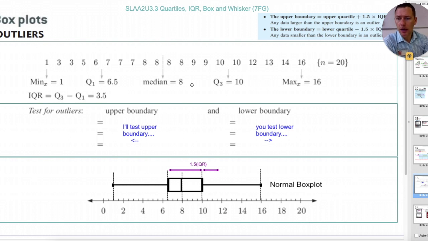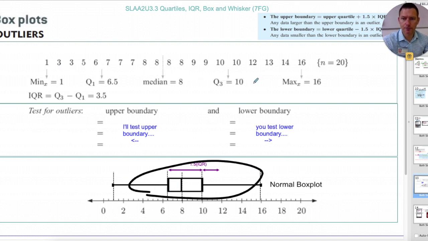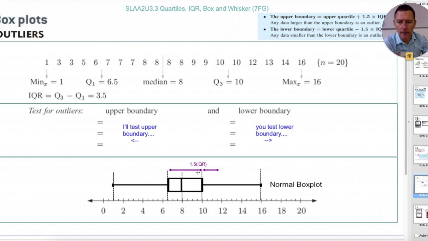Okay, so I know that the median is here at 8. I know that the Q3 is at 10, that's here, and the Q1 is 6.5. So this is a representation of this. Okay, 1.5 the IQR. The IQR is from 6 to 10, so that's 4, right? That's 4 units. And 1.5 the IQR is 1.5 of 4, so it's 6 units long.